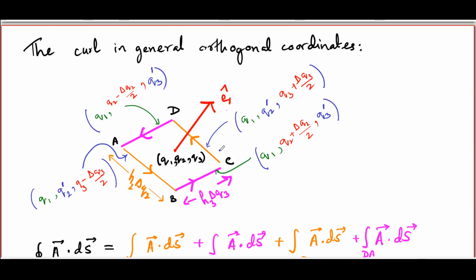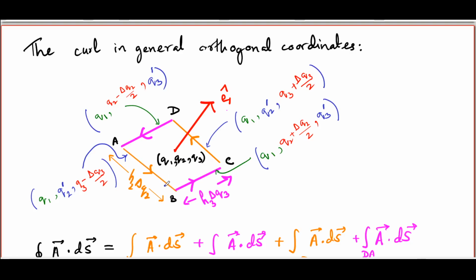Throughout this loop, the value of the first coordinate q1 is fixed for each and every point. However, on this arm of the loop, say AB, q1 is fixed, q3 is fixed but at q3 minus delta q3 by 2. q2 changes, and that's why I've written it as q2 prime here. q2 changes as you go from here to here.